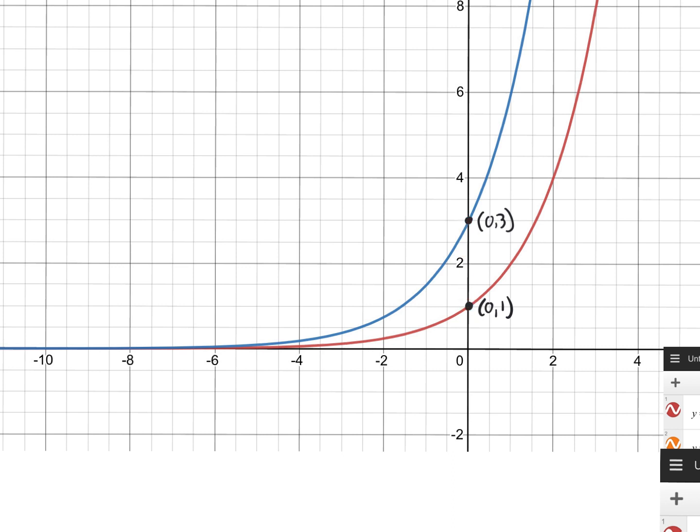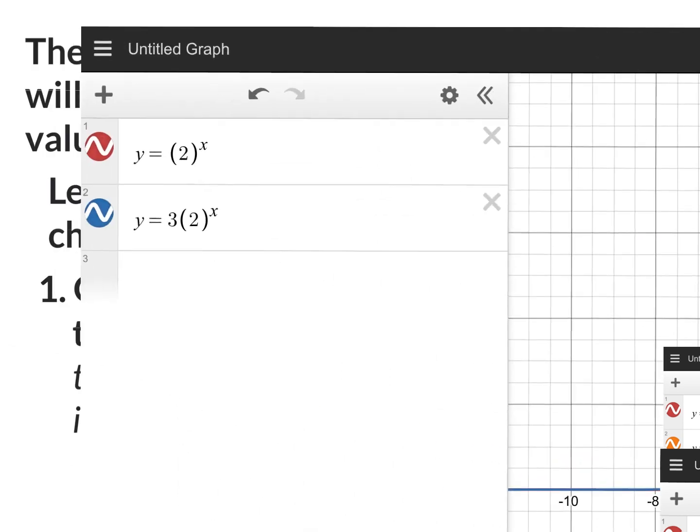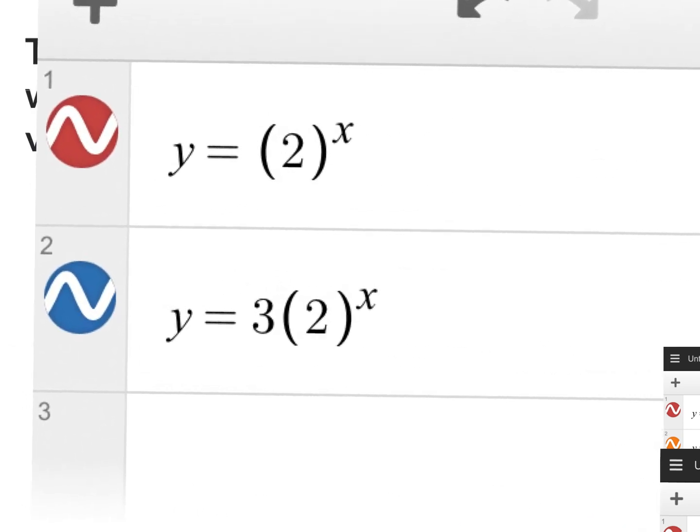And that makes total sense, because if you look at the number out here in the front, what number is invisible out here in the front? That's an invisible 1 out there in the front, right? And this new value of 3, so this makes sense that on this parent graph with the A value of 1, it crosses the y-axis at 1.